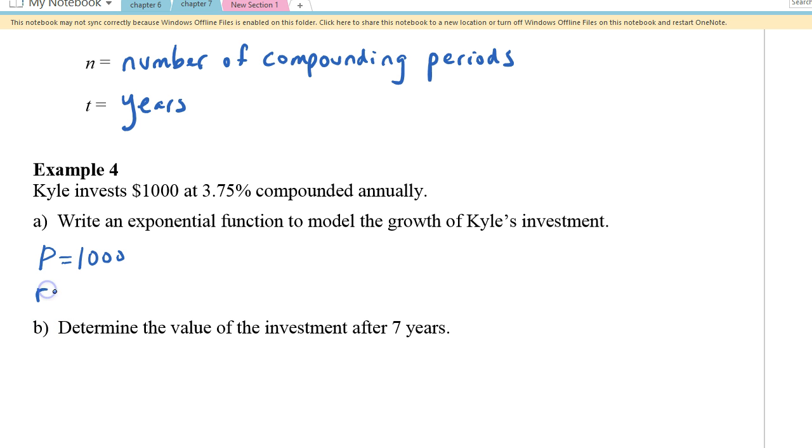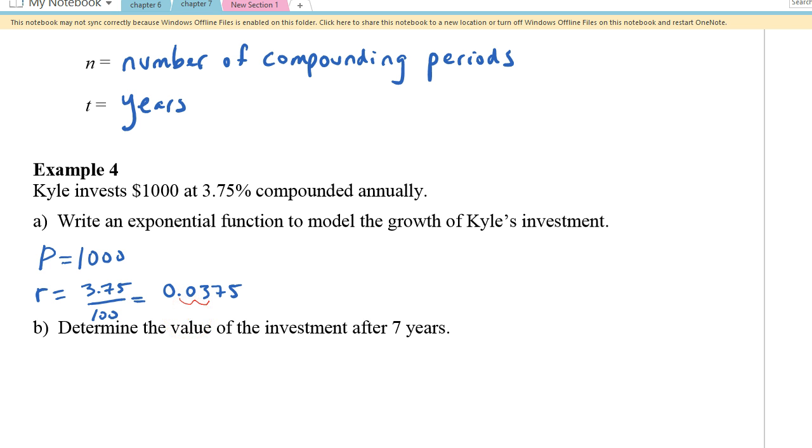Our R value is going to be 3.75%, so we're going to take our 3.75 and divide by 100 to turn it into a decimal. So the decimal moves over 2 places, so 0.0375. You'd be surprised at how often people make little mistakes. So just mentally you can think, did I move it over 2? Yeah, if I start at 3.75, I go 2 places, I got it.